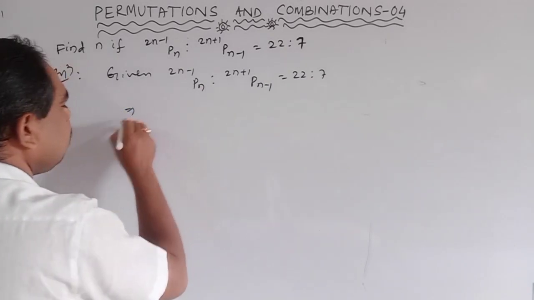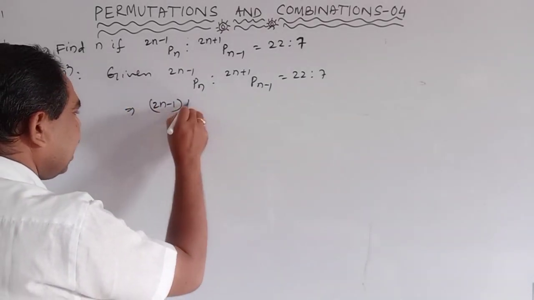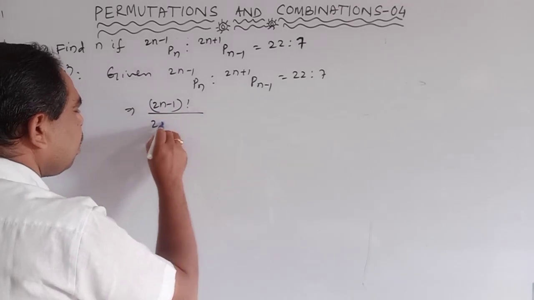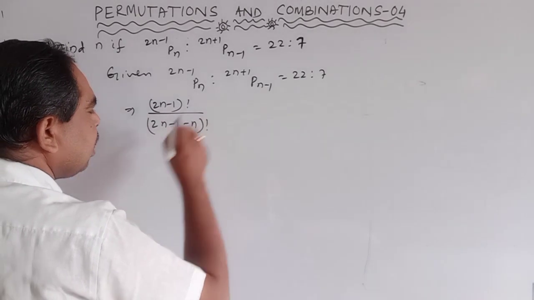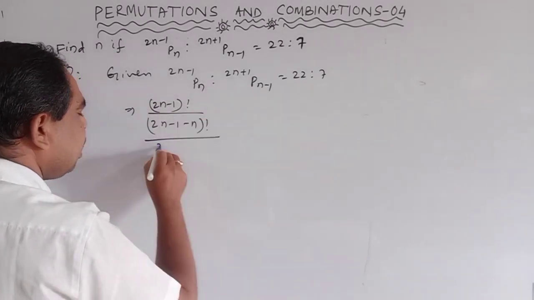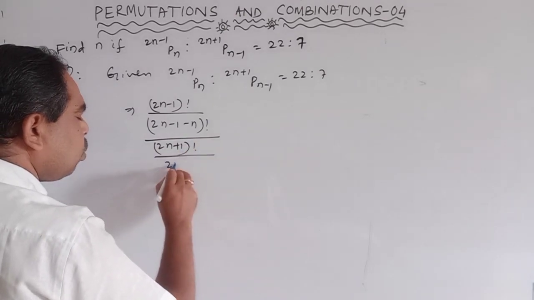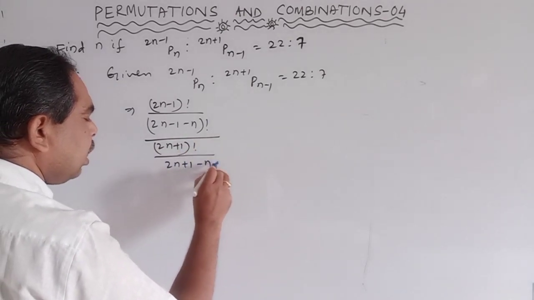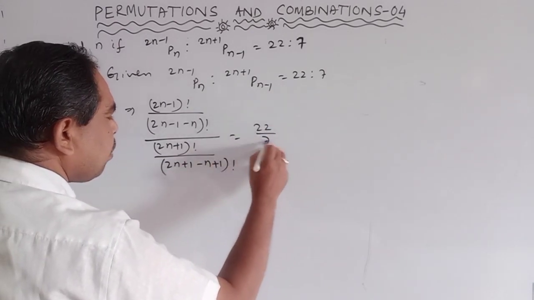So use the formula for nPr. It becomes (2n-1) factorial divided by (2n-1-n) factorial, whole divided by (2n+1) factorial divided by (2n+1-(n-1)) factorial, is equal to 22 by 7.